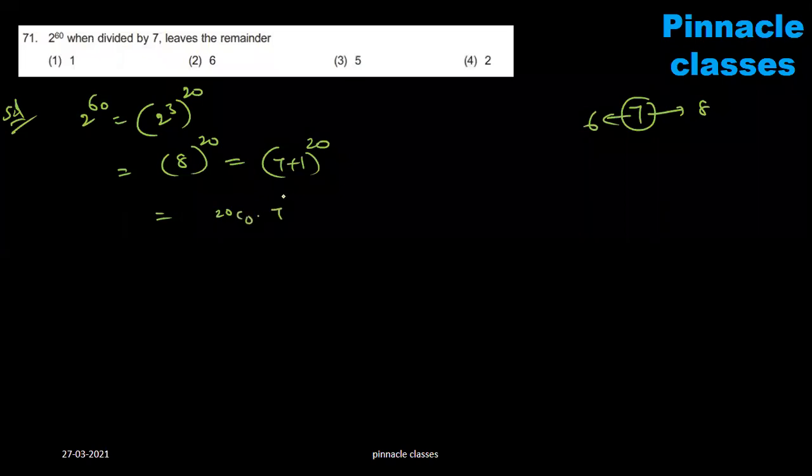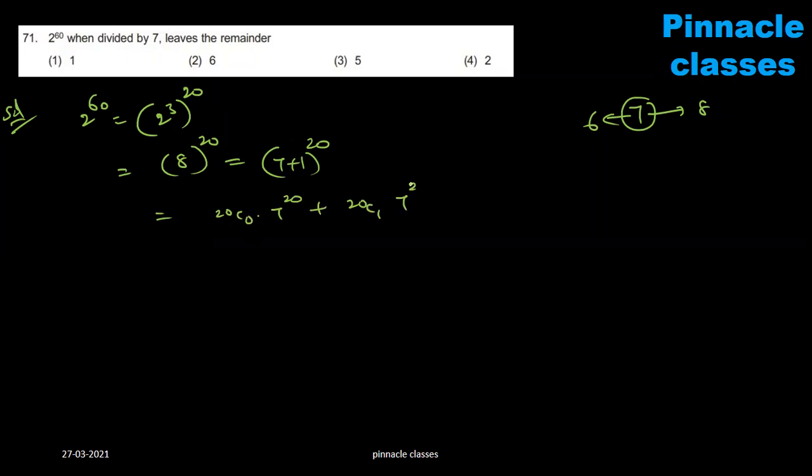20 C naught 7 power 20, 20 C1 7 power 19, 20 C2 7 power 18, and so on. What is the last one? 20 C19 7 power 1, 20 C20 7 power 0. Okay.